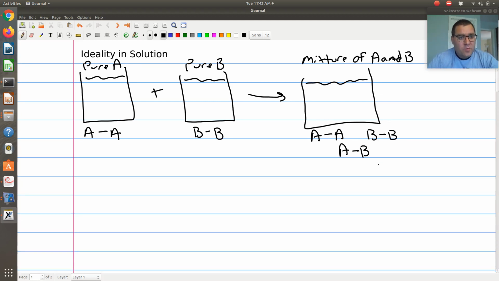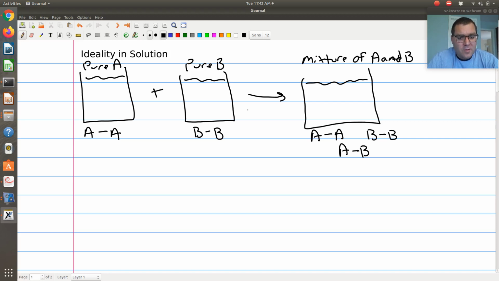Now, next we're going to look at the properties of an ideal solution. To calculate these, we're going to need to know our property changes upon mixing in an ideal solution. And it just so happens that property changes upon mixing for an ideal solution are exactly the same as for an ideal gas. For an ideal gas, we're able to readily derive these without a problem.